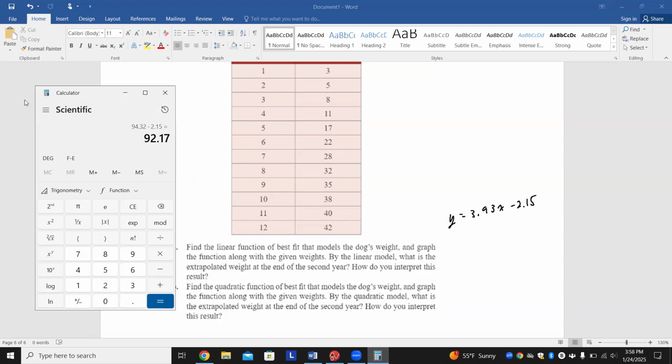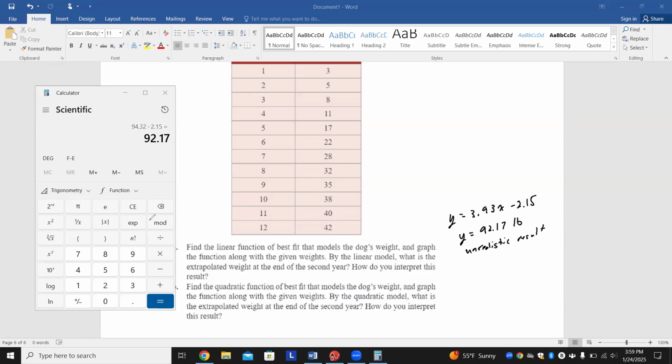So in 2 years, this dog would be 92.17 pounds. I would say that's unrealistic because it did say that the adult is between 40 and 45. So I would say an unrealistic result.